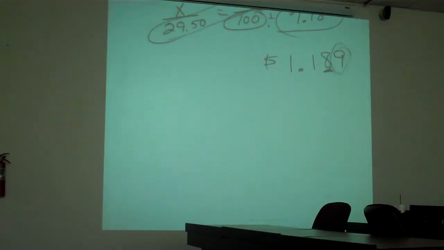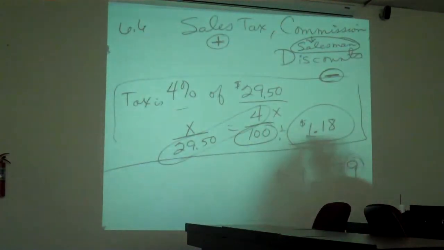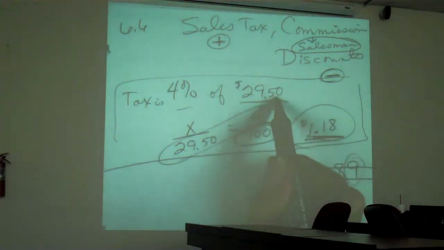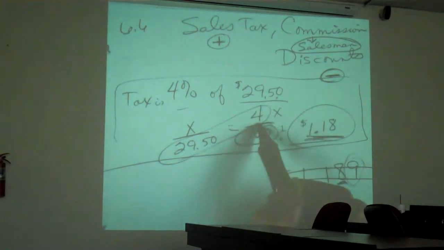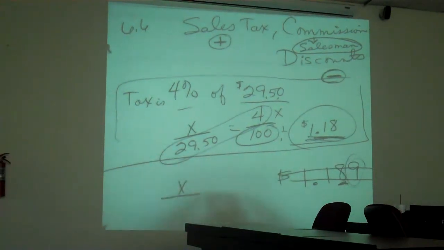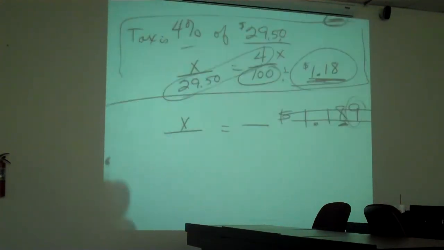Okay, what if it asks for the total price? Let's say this one right here. If it just wanted the tax, you would have got 1.18, right? If it wanted the total cost after tax, you could either add the 1.18 back onto that price, or set it up where it's already added on.